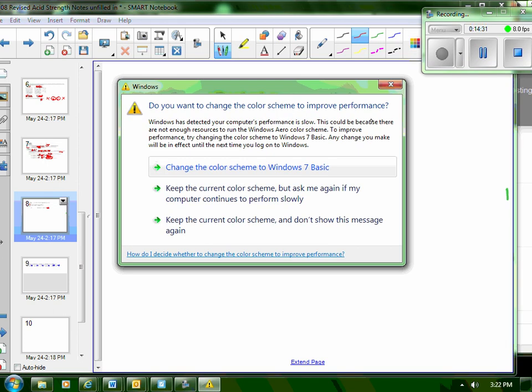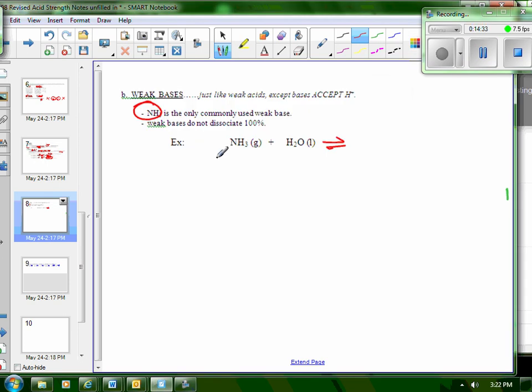Why? Because whereas strong and weak acids donate H+, weak bases accept H+. So they have to be able to get the H+ from somewhere. Where do they get that H+? From water. Water is going to donate the H+, and when the base, ammonia, accepts the H, it becomes NH4+, because it gained an H from water with a positive charge.